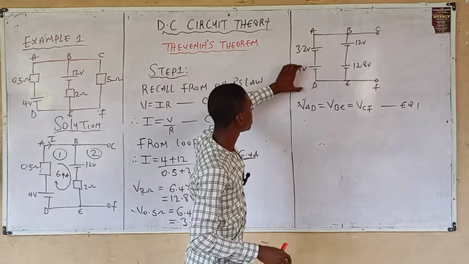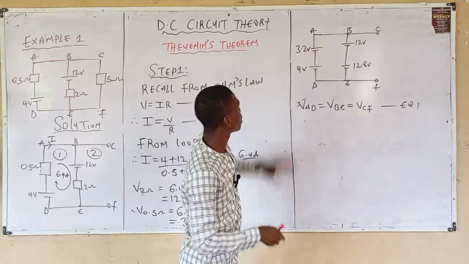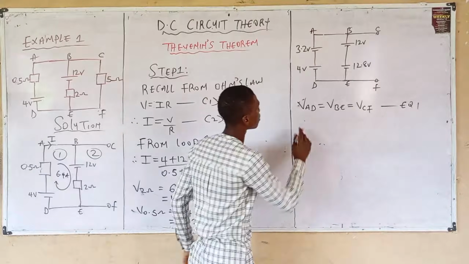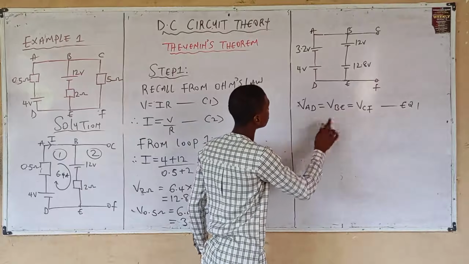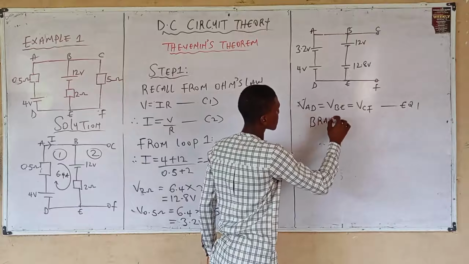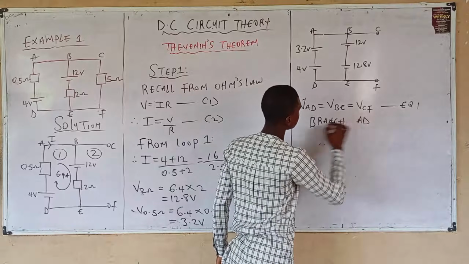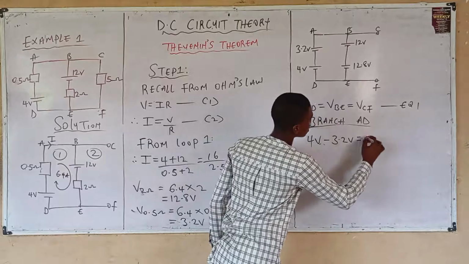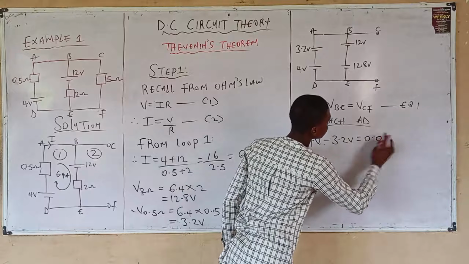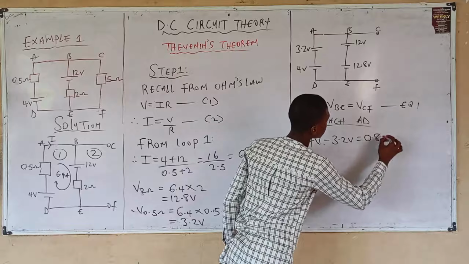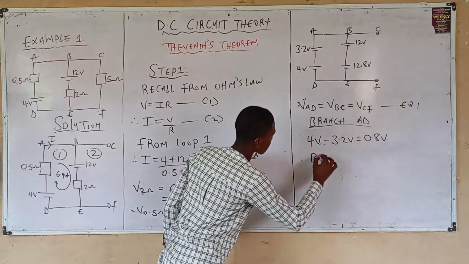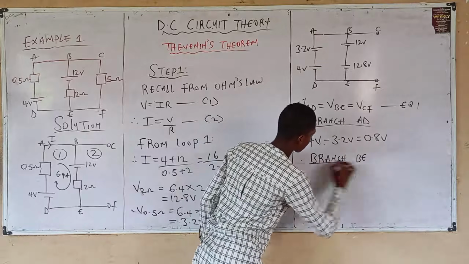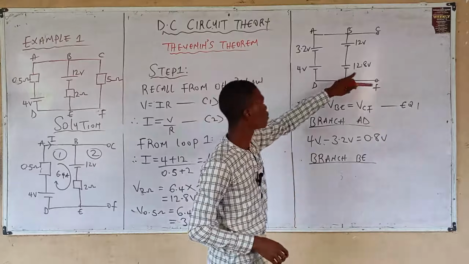In branch AD, subtracting 3.2 volts from 4, what do you have? From branch AD, we have 4 volts minus 3.2 volts. This is 0.8 volts. Branch BE, subtracting 12 from 12.8 volts.